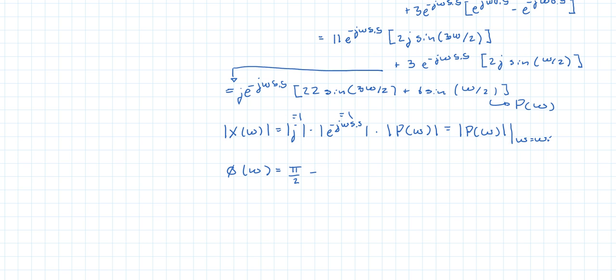So that would be minus 5.5ω plus kπ for the polynomial. So let's circle that answer, highlight that answer.